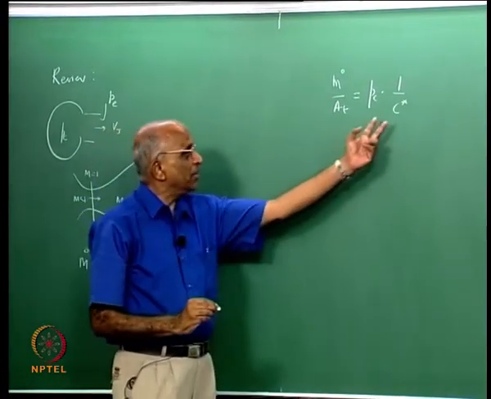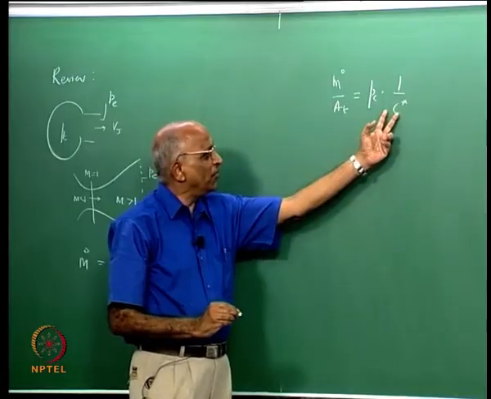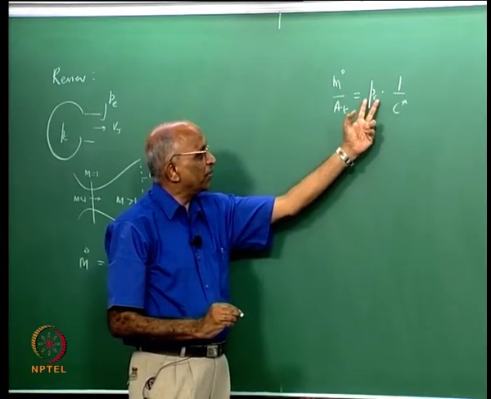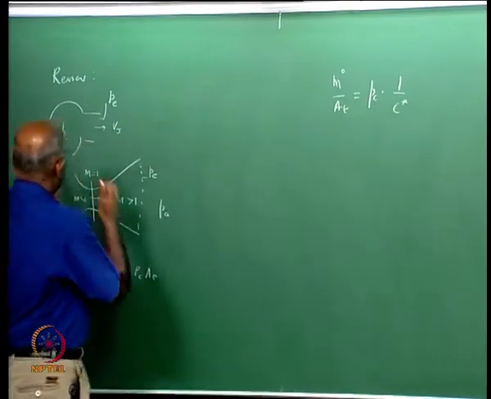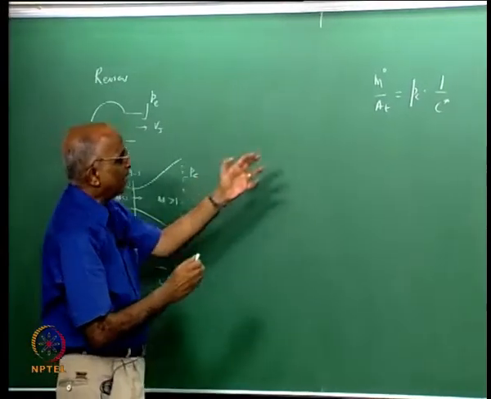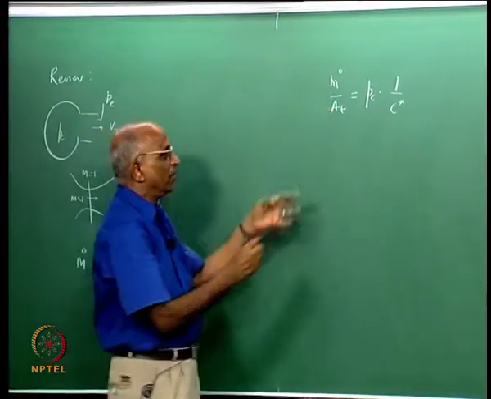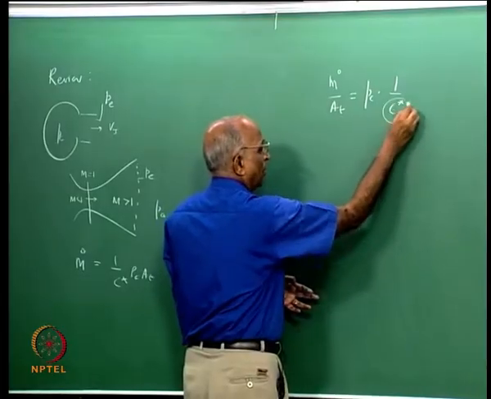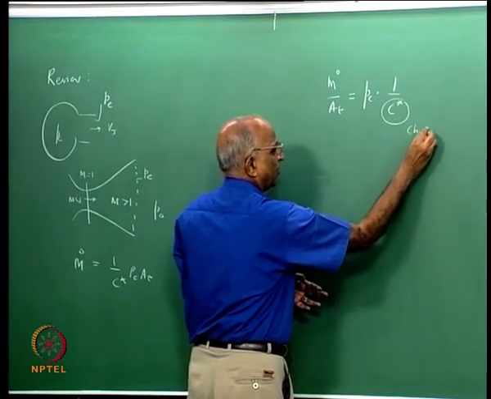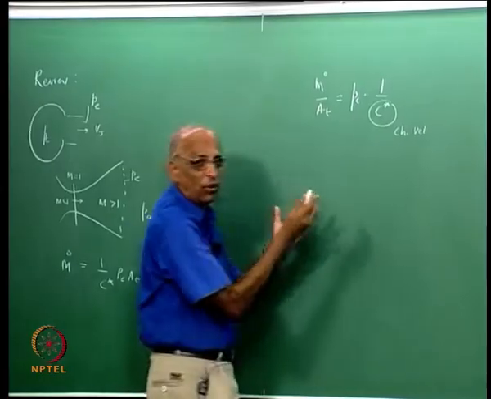C star had units of meter per second, and we were able to correlate the pressure built in the chamber as a function of the mass flow rate. We call this a transfer function, or C star as the characteristic velocity of a rocket.